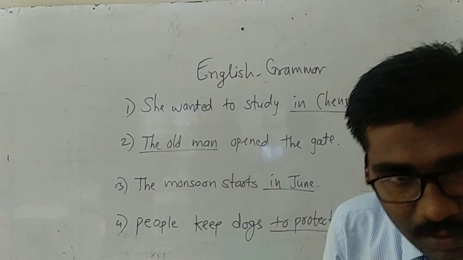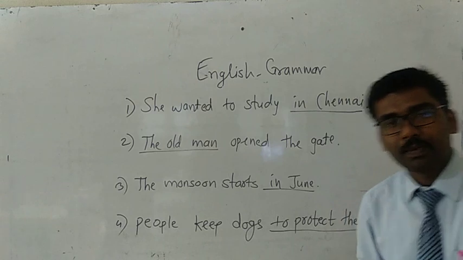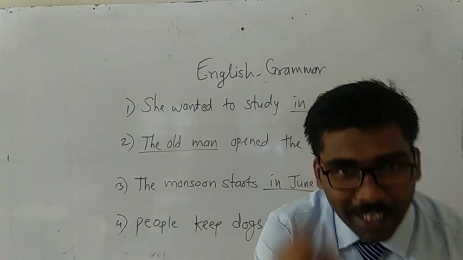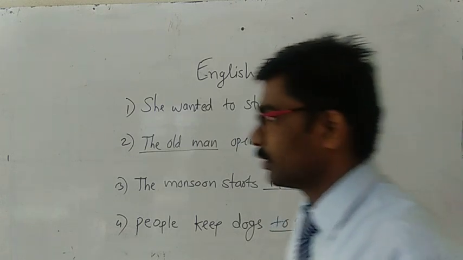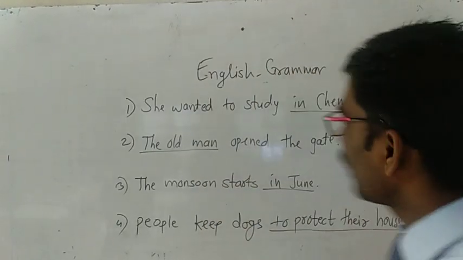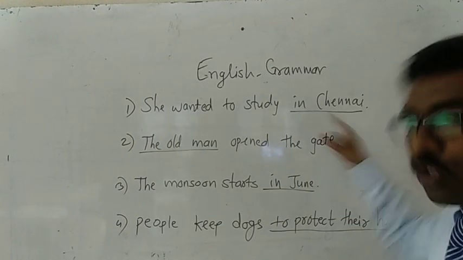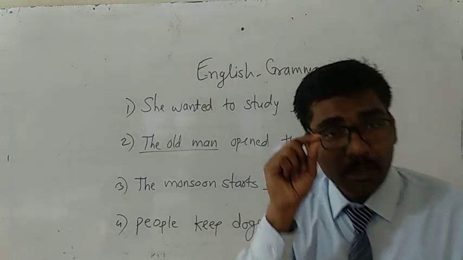Ramangoda, what is this? It is place. Very good. It is place. Wonderful. So in Chennai is the underlying part, and it is a place.